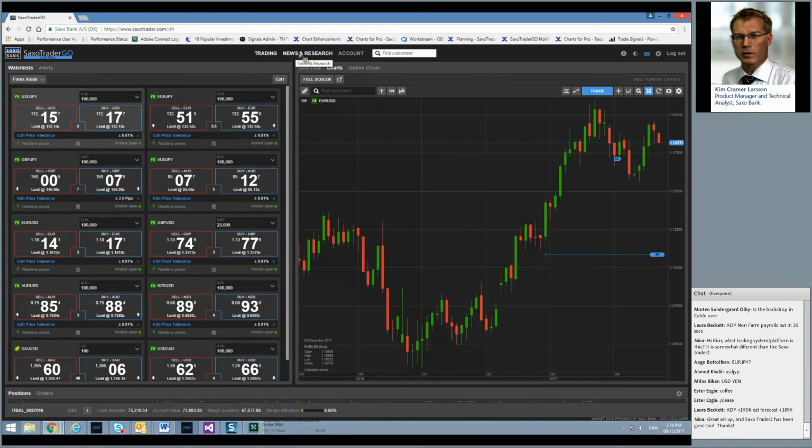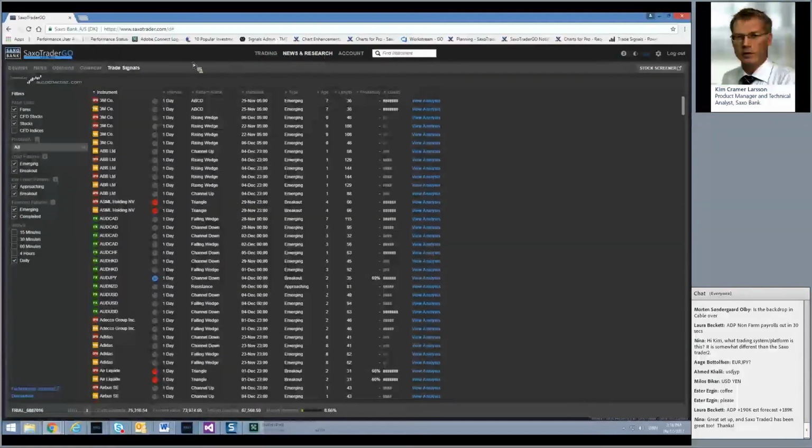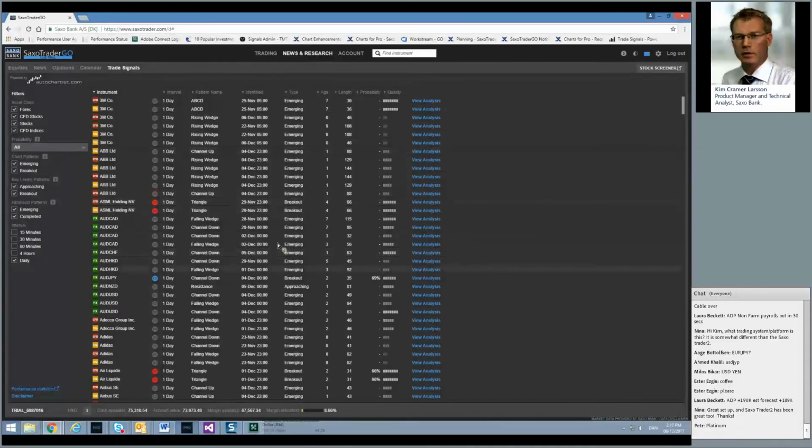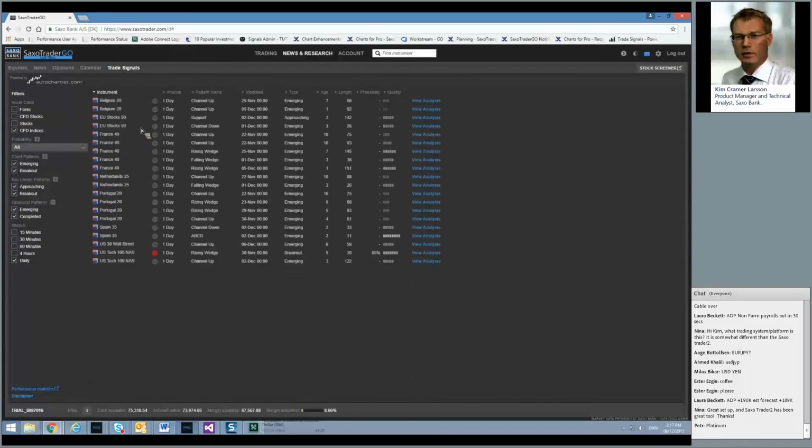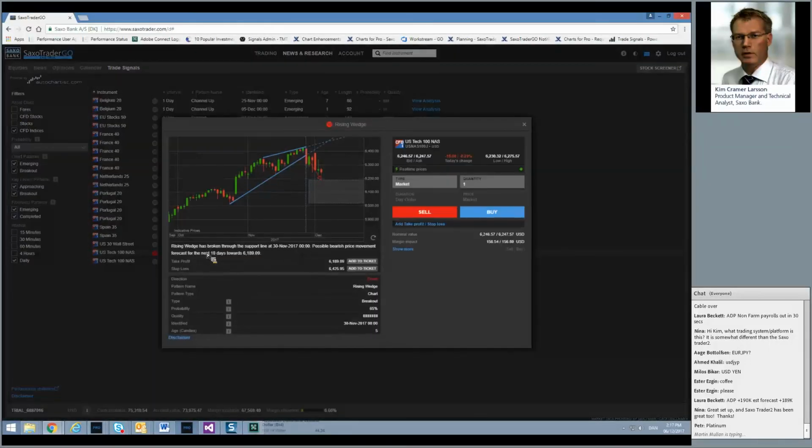Also on Saxo Trader Go, under news and research, we have trade signals that will do some of the detection for you, to give you some ideas about different signals in the market. If we, for example, take, let's see if there's anything in the CFD indices, Nasdaq.